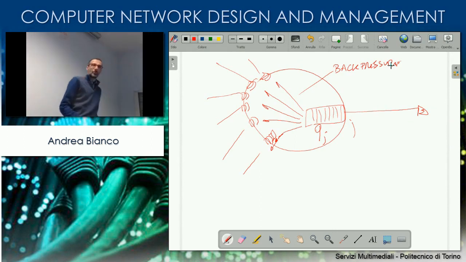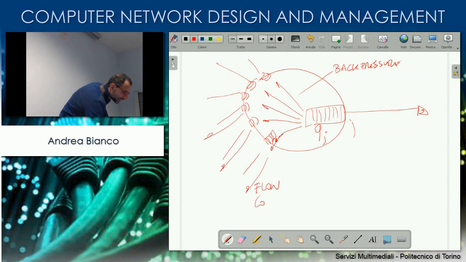But through this internal back pressure mechanism, which is induced by congestion, so the cause is congestion, what's going to happen is that you will very soon trigger a flow control mechanism on these links, because you saturate these buffers very quickly. As a consequence, this becomes a slow receiver on this link, because you saturate the buffer, and you will send flow control messages.